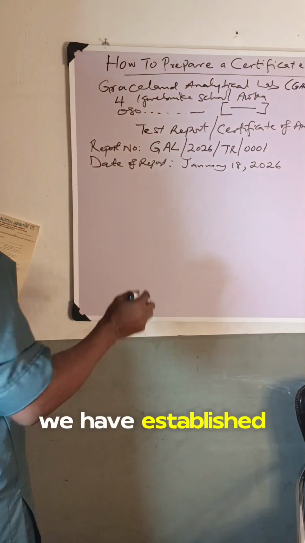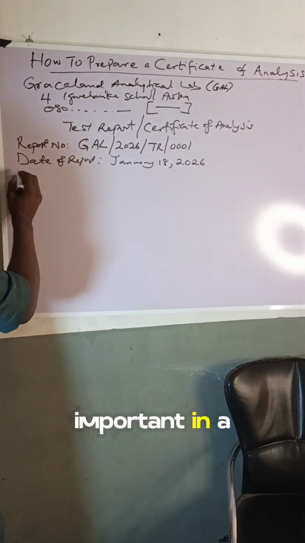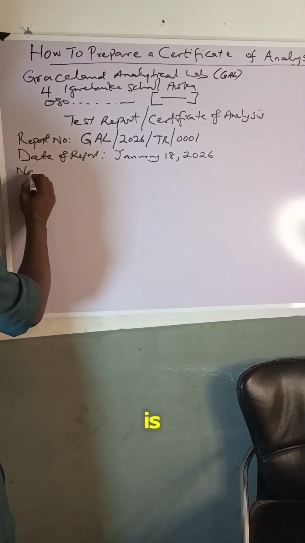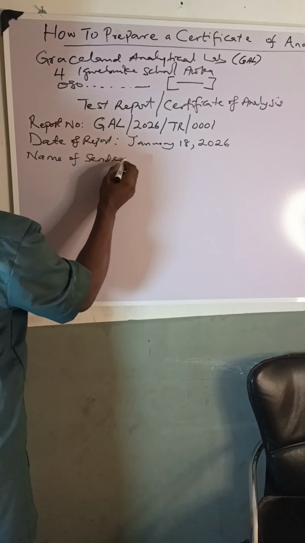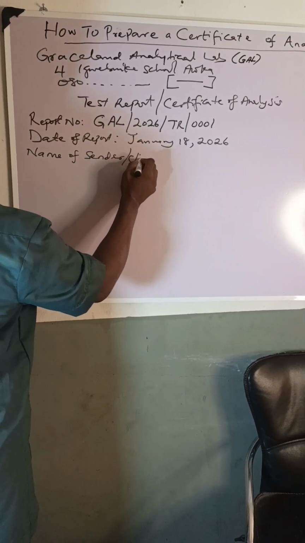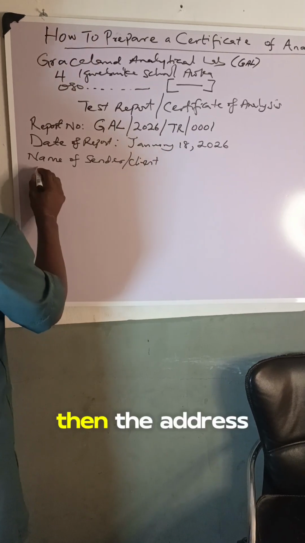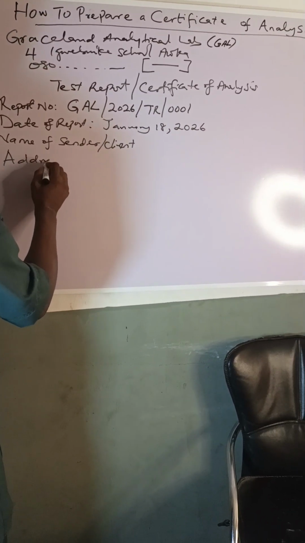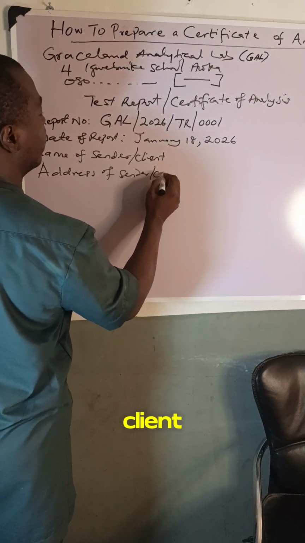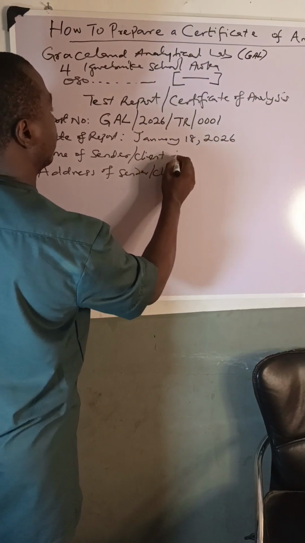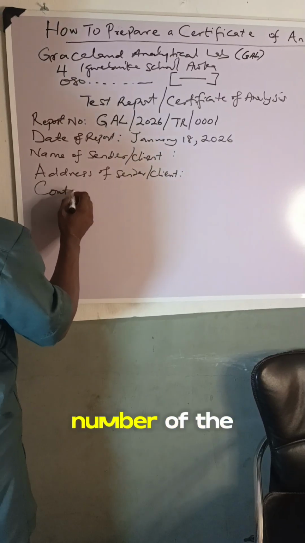If we have established that, then the next thing that is important in a certificate of analysis is the name of sender or client. Then the address of sender or client. Then the contact number of the client.